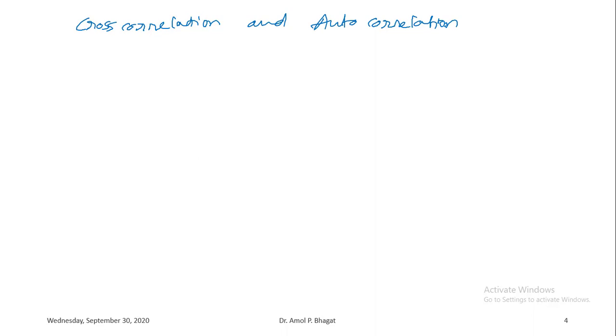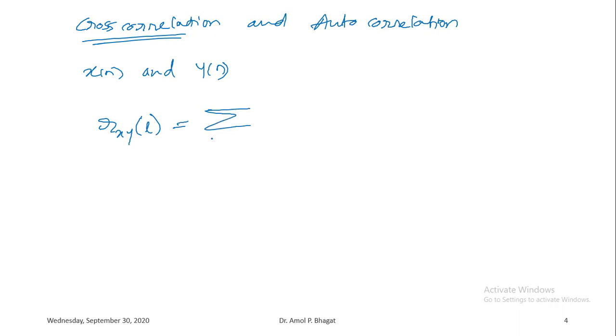While performing the cross correlation operation, there are two signal sequences, x of n and y of n. These are two distinct sequences, maybe representing two different signals. The cross correlation of these two signals is represented as rxy of small l, which is given by the formula summation n equals minus infinity to infinity x of n into y of n minus l.